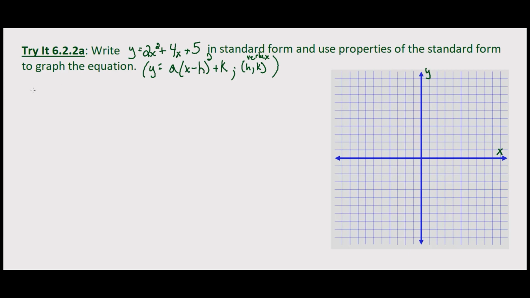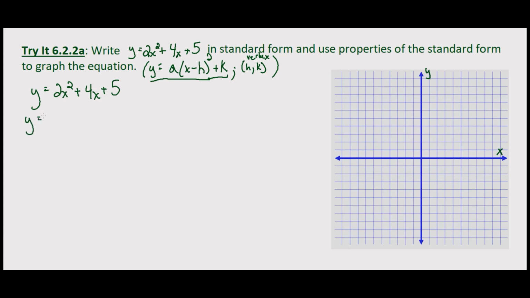So how do we get from y equals 2x squared plus 4x plus 5 to this x minus h form? Not using properties, but using the properties of the standard form itself, which is y equals a times (x minus h) squared plus k.